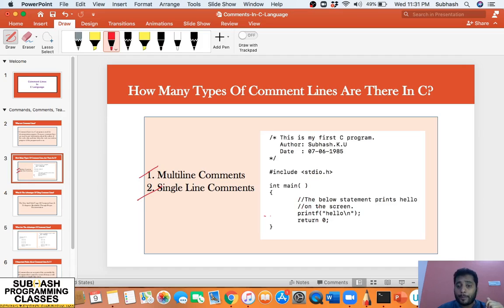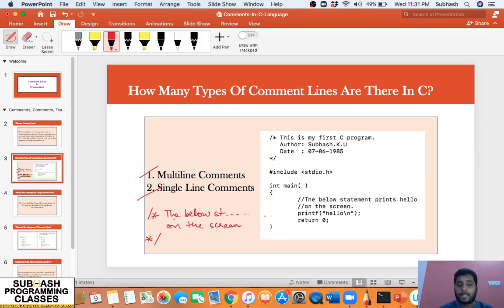Whereas if I had to comment out this statement, that is, the below statement prints hello on the screen, using a multi-line comment, then I could have written it like this with a forward slash star mark, the below statement prints hello on the screen, and I could have ended it with a star mark and a forward slash.